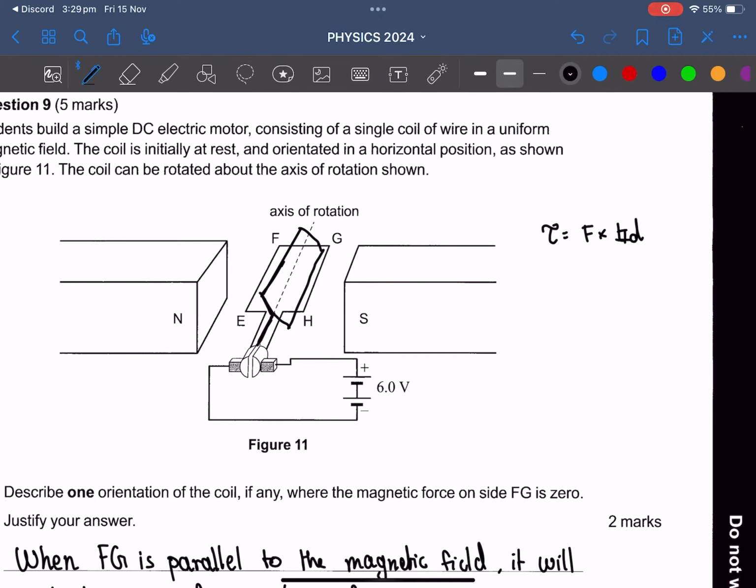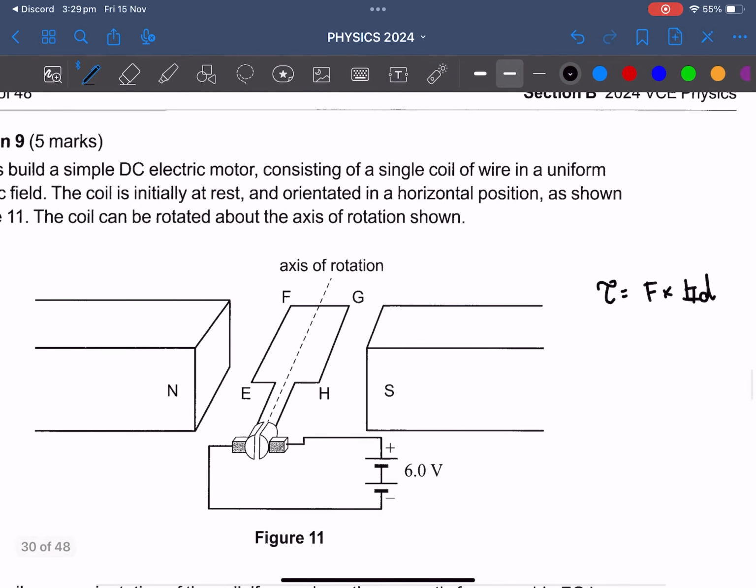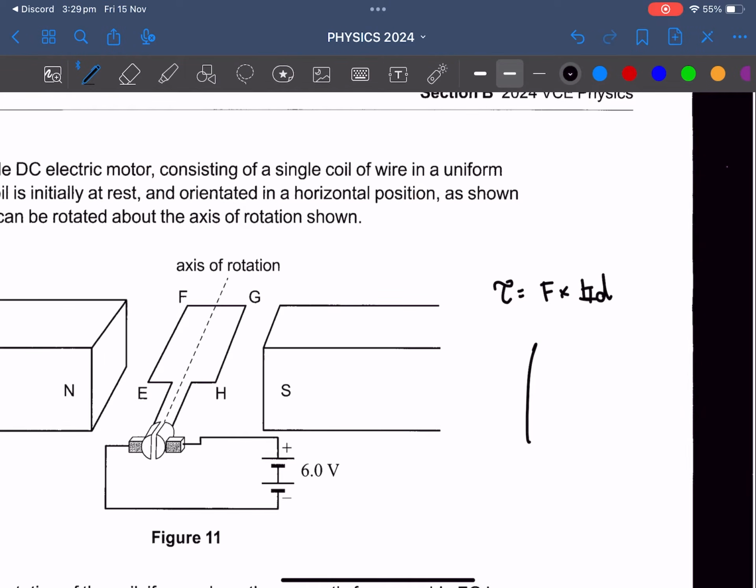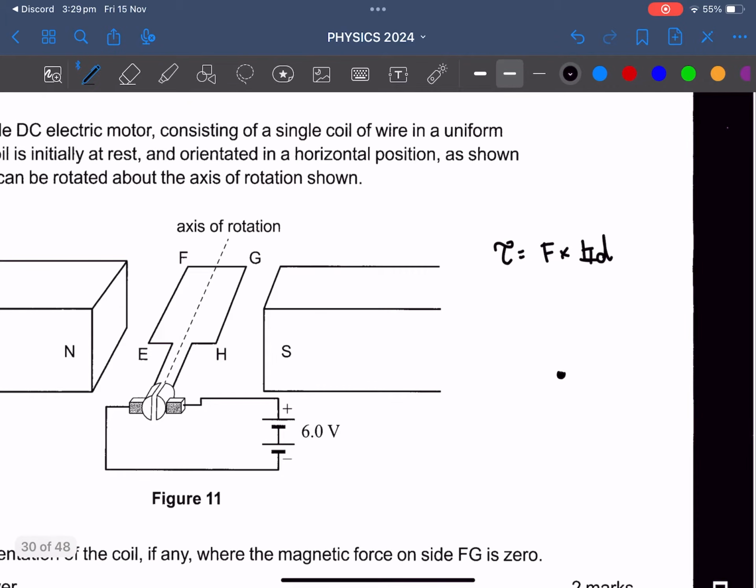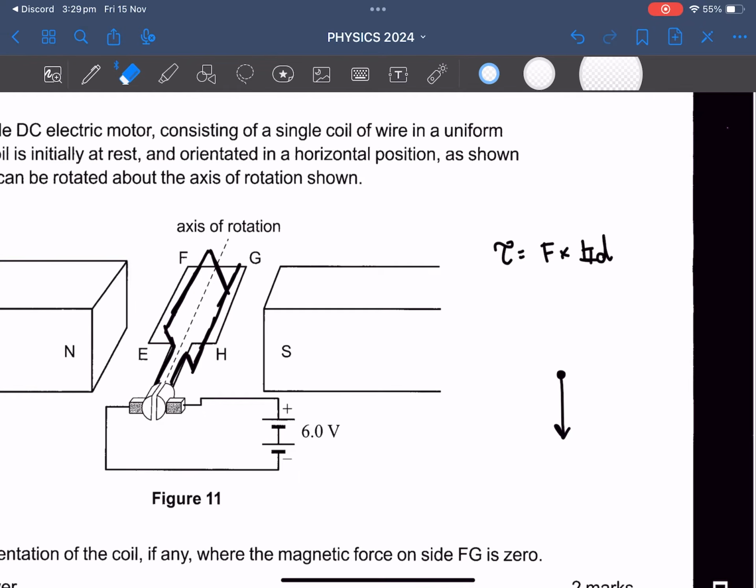Okay, well, my drawing is so good, I know. Anyway, I can explain without the drawing. So if the coil is vertical, I can't even draw a vertical coil. So essentially what will happen is the force will still point downwards, like if the coil was vertical. So if I go like this, maybe like that, and like this, I guess that kind of looks like a vertical coil.